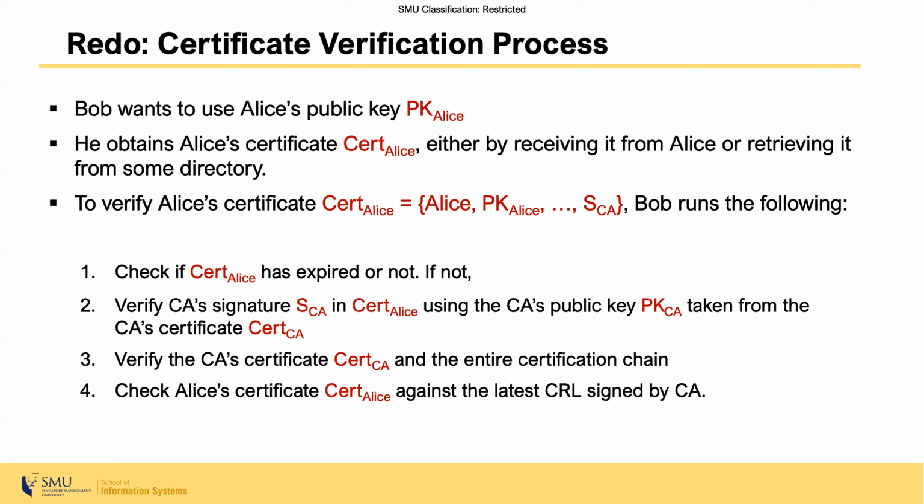Remember certificate revocation list, because even though the rest of the information is valid, when Bob wants to use Alice's certificate, it might be already revoked at that point. So the last step has to be about ensuring that Alice's certificate is not in the certificate revocation list. And that will complete the entire certificate verification process.